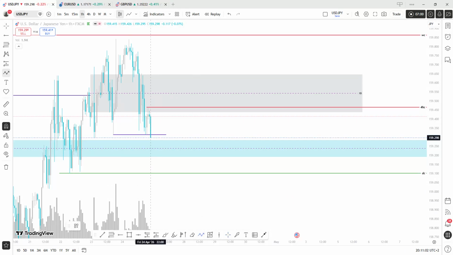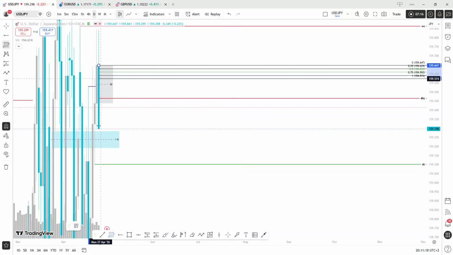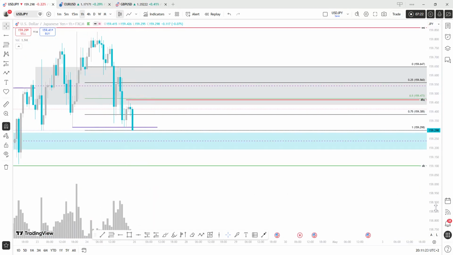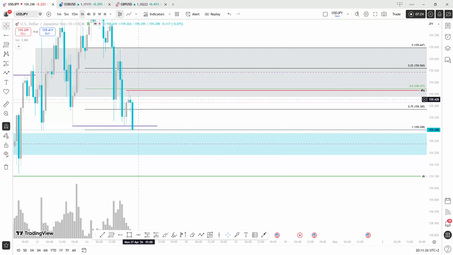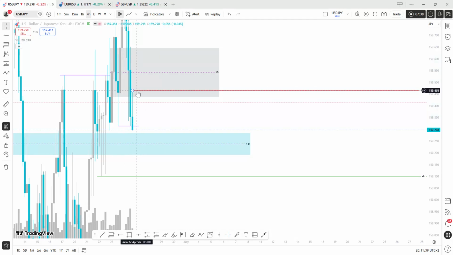But then I would also like to see on Monday something like a retracement back in the imbalance, back in the daily candle, perhaps at some key point considering the Fibonacci. In my point of view, this is a good level to look at this liquidity.